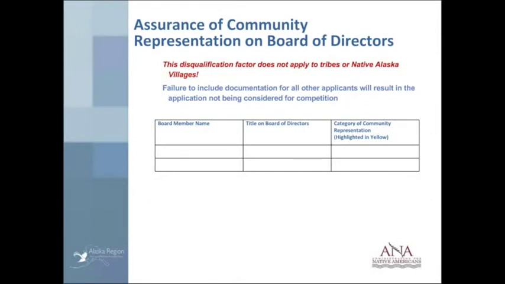So here's a suggestion on how you might do that. You need to list out the board member name, the title, and which of those 4 categories that particular board member meets as far as the criteria for assuring ANA that they're representative of the community.